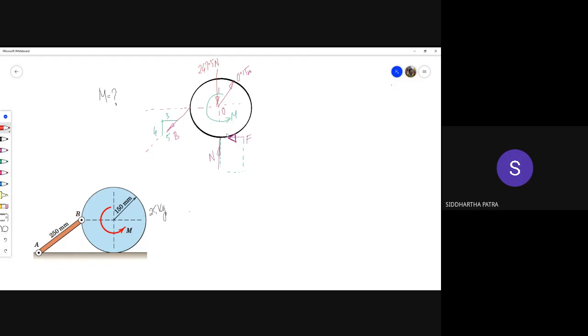Maybe this much Newton, because it weighs a certain Newton, that doesn't mean that is going to be the normal force. The force at B will also be contributing to N. Don't just think in that way and try to get the value of N. Write proper equations of equilibrium like sigma Fy equals 0. Let that tell you how much would be your N.